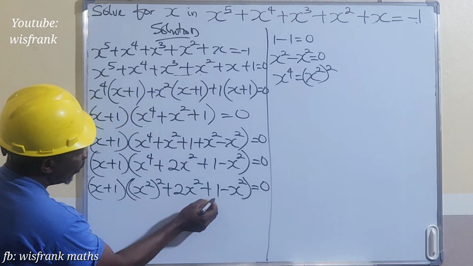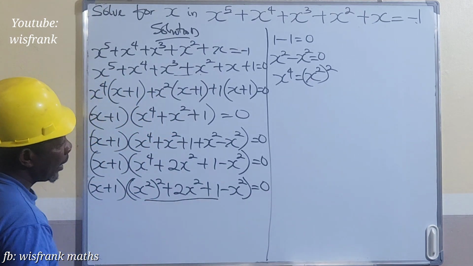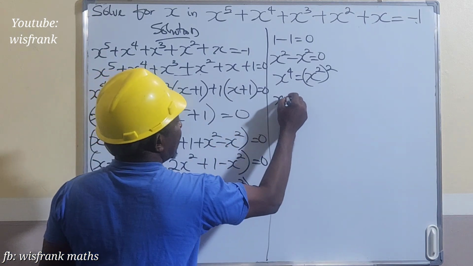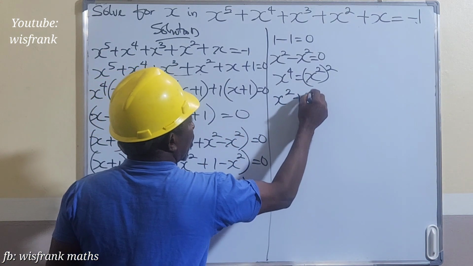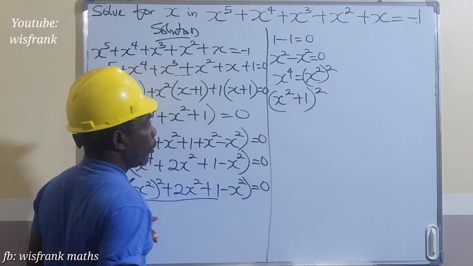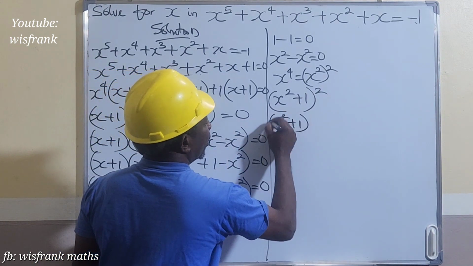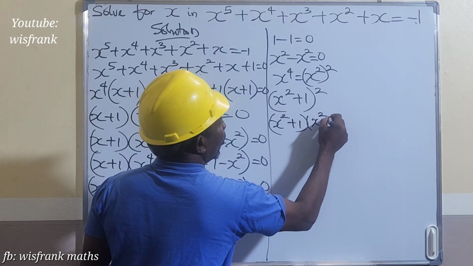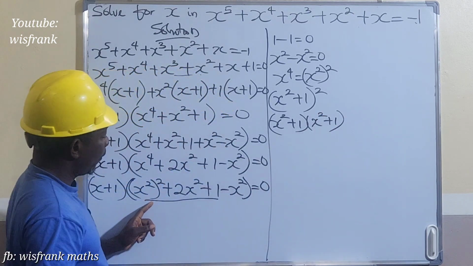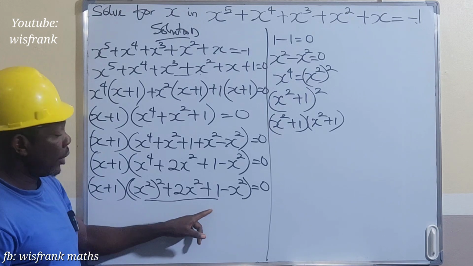So here you can look at this closely. It's the same thing as having x to the power of 2 plus 1, all to the power of 2. If we expand this, x to the power of 2 plus 1 into x to the power of 2 plus 1, it will give you this. That is what I mean.